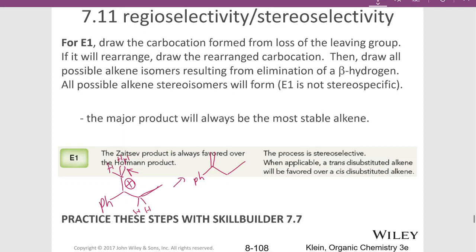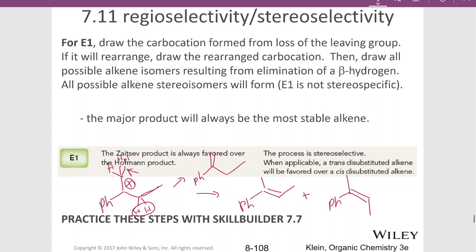If we eliminate from one of these hydrogens, then we can get Ph, this plus this.